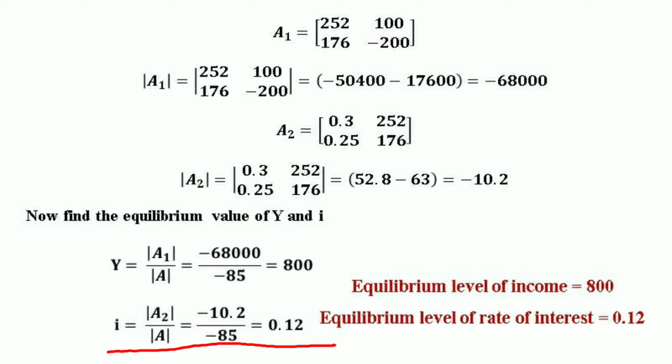And the equilibrium rate of interest i is the determinant A2 divided by determinant A, which is minus 10.2 divided by minus 85, that is 0.12. Thus, we found the equilibrium level of income is equal to 800 and the equilibrium rate of interest is equal to 0.12 by using Cramer's rule.